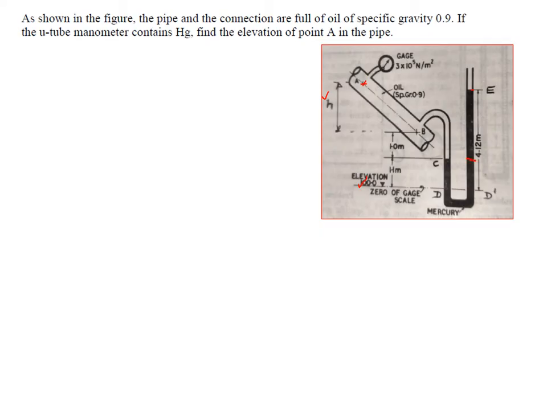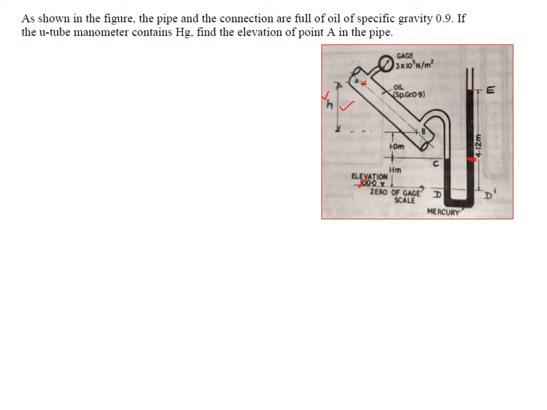It is all one continuous liquid, so either you write pressure at C equals pressure at C dash, or pressure at D equals pressure at D dash. I don't want to change anything. Based on this problem, which is already marked 4.12, I want to take the pressure at D equal to pressure at D dash. Once you equate this, then this h gets solved. So this is so simple.